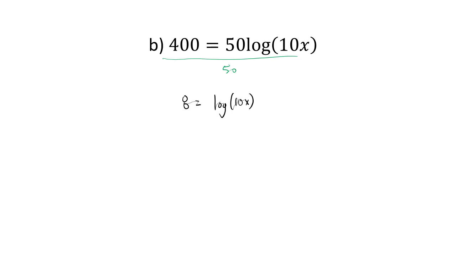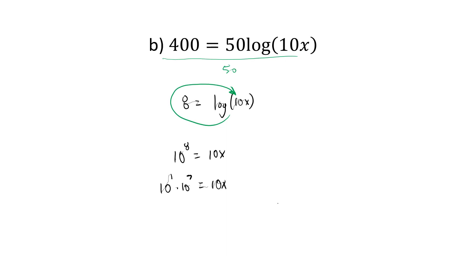So if we do the loop trick for this one, remember we always go in the direction of the equal sign, we'll get that 10 to the 8th power is equal to 10x. This might not be obvious how to solve, but we can observe that 10 to the 8th is equal to 10 to the 1st times 10 to the 7th, and that equals 10x.